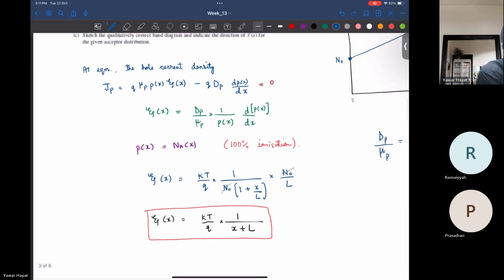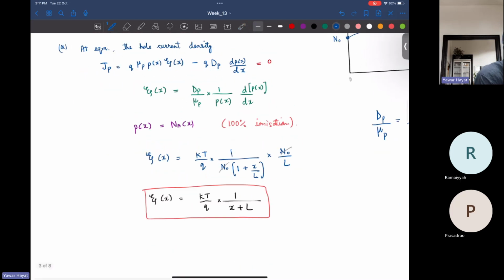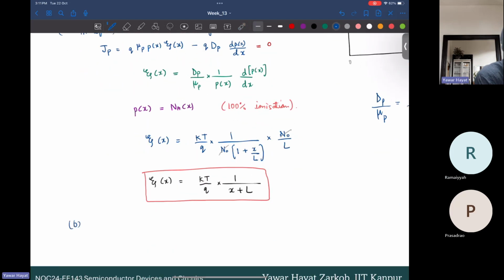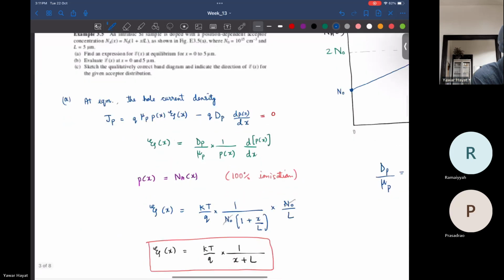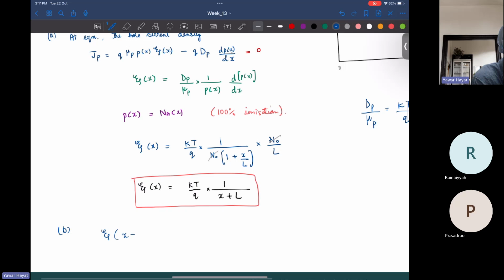Okay, this was part A. For part B, the electric field at X equal to 0, can I get a number?